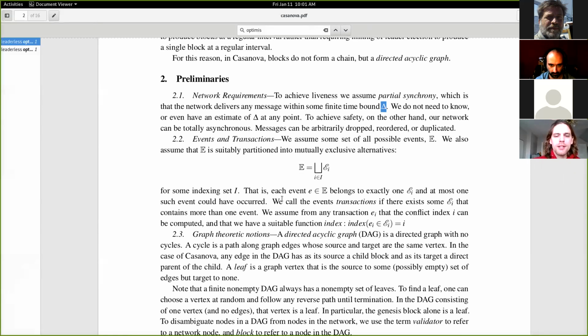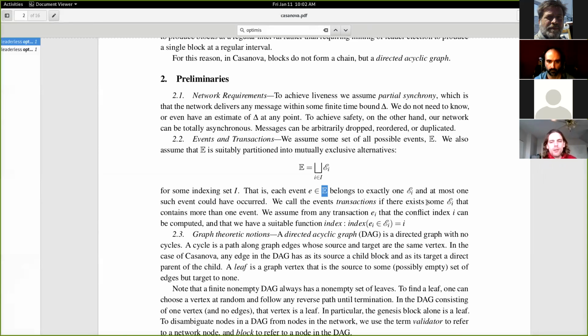All right. So they're trying to say each one of these little e's. I definitely have something wrong, but I'm reading this for now as little e is like, Alice pays Bob a Bitcoin. So every possible payment from party A to party B of any amount, because E is every possible event. So each event e belongs to exactly one of these partitions. What would I call these script E's? At most one such event could have occurred.